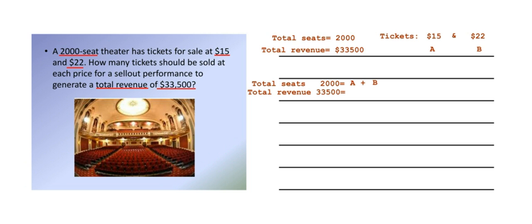Now let's talk about price, or revenue. The total revenue is $33,500. We know we're going to sell tickets A at $15 and B at $22, and when we add the totals, we should get $33,500.